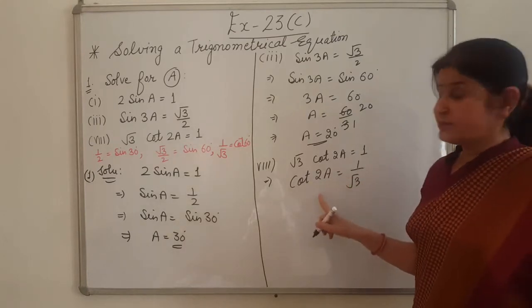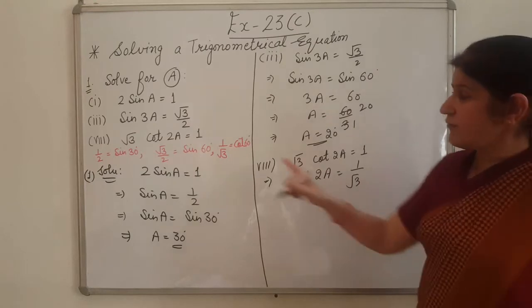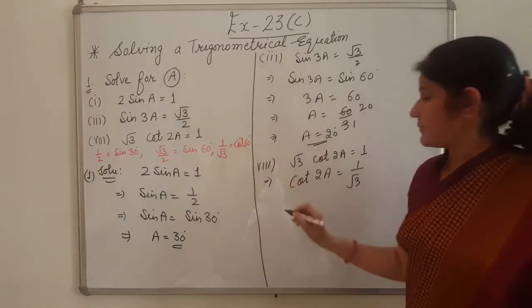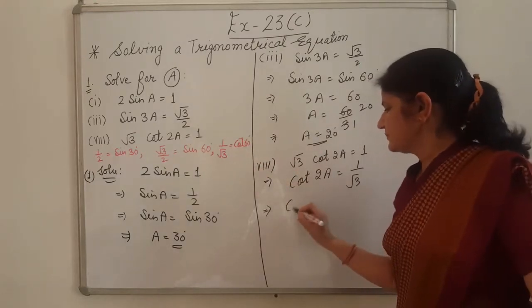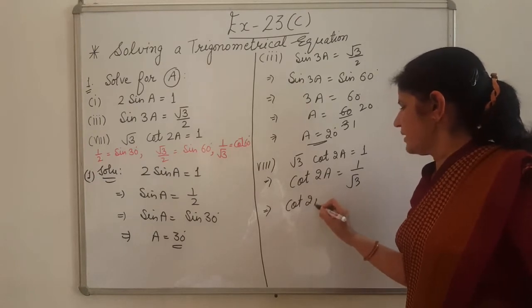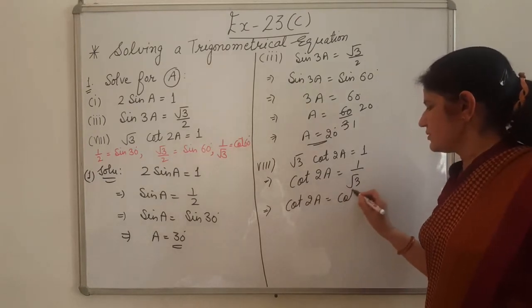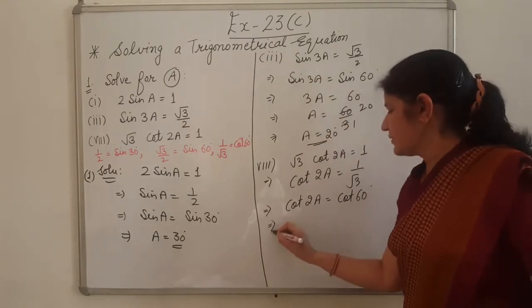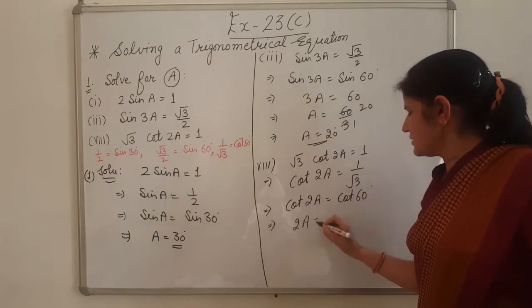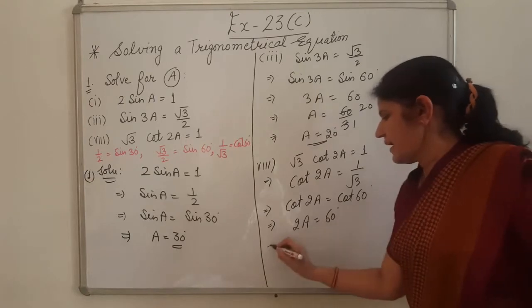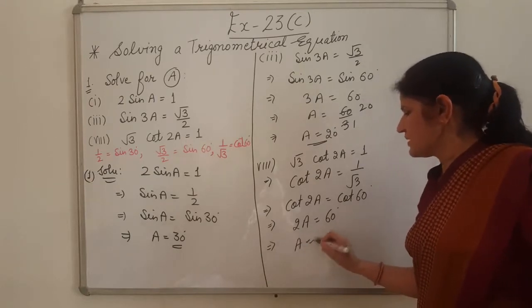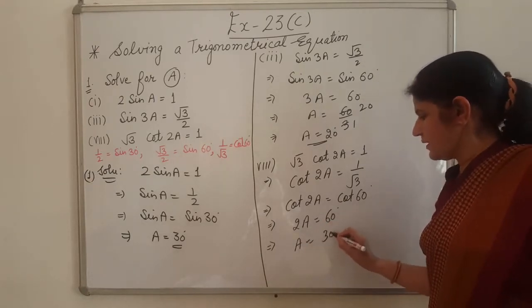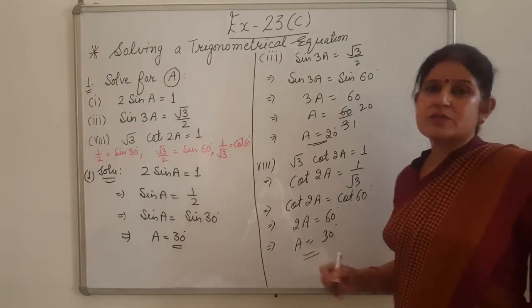In cot, 1 over root 3 is the value of cot 60. So we substitute: cot 2A equals cot 60. When you compare, what will you get? 2A equals 60 and A is equal to 60 by 2, 30 degrees. Like this, you can solve the sums.